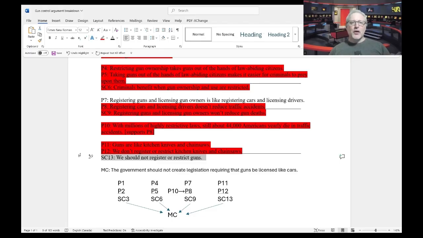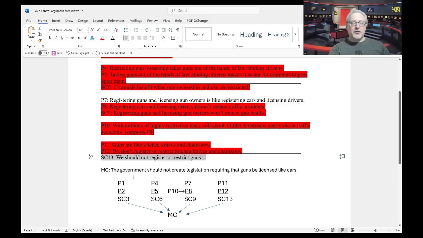When you're dealing with the argument strategy of multiple independent arguments, you remember I explained earlier what those are? Each one of them doesn't need the other subordinate arguments in order to work. So let's say you have a main conclusion supported by four subordinate arguments, and they are independent.